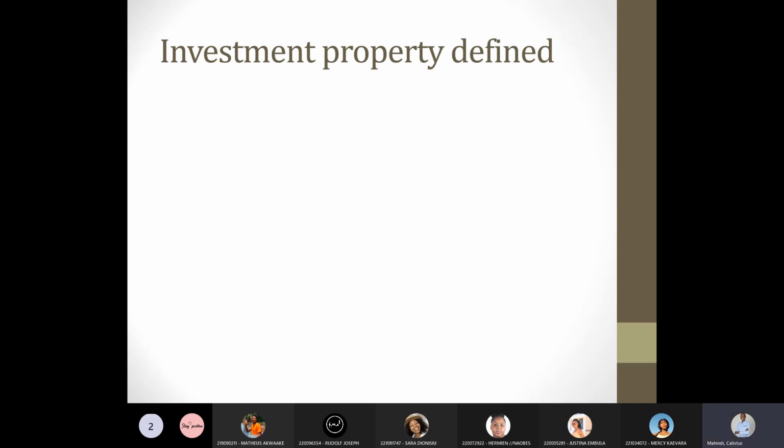So let's look at what is meant by investment property.